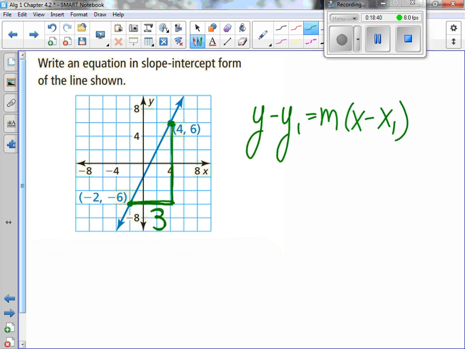So we went up 1, 2, 3, 4, 5, 6. Would the 6 be positive or negative? Positive, because we're going up. So our slope would be 6 over 3, which is 2. The slope would be 2. Questions on this here?